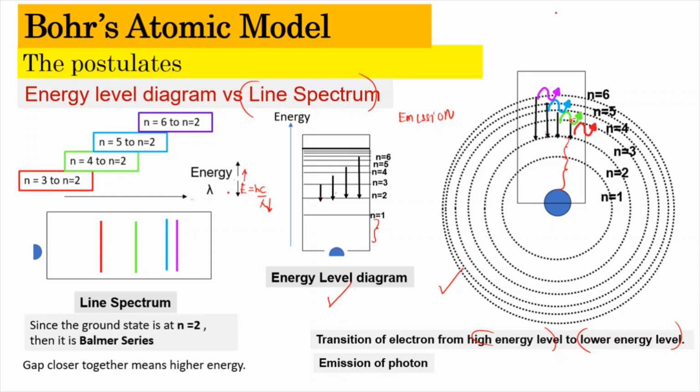And as mentioned here, I always talk about going into n equal to 2, n equal to 2, n equal to 2, and n equal to 2. What is so special about n equal to 2? Basically, n equal to 2 here refers to the Balmer series. So what does this really mean?